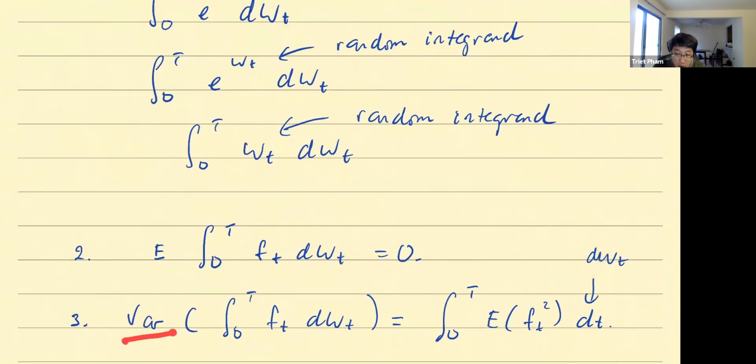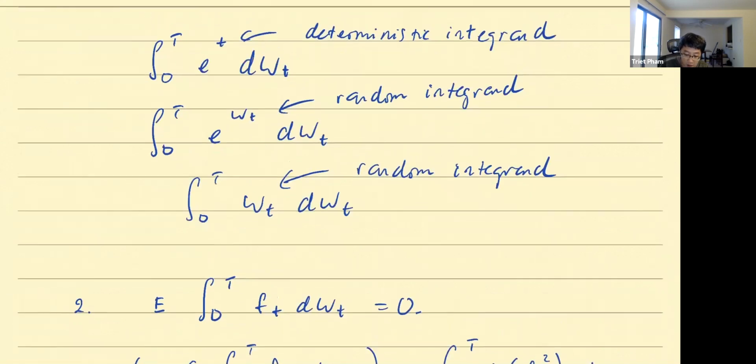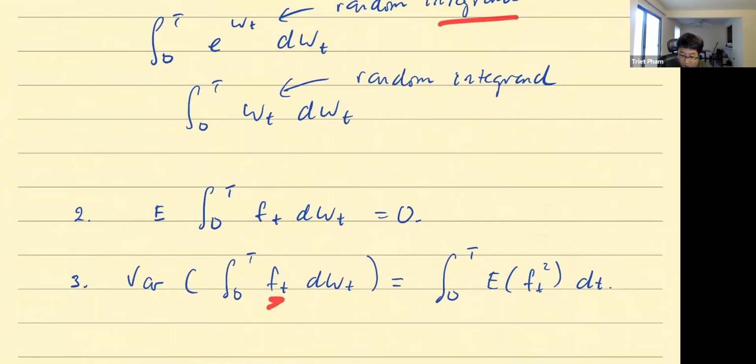But the variance of a random variable is a number. Variance cannot be a random object. So it's a dt term here, not a dWt term. Also, this integrand may be random. That's why you must take the expectation, to make sure it turns out to be a deterministic object, because it's the variance of some random variable. Any question here?